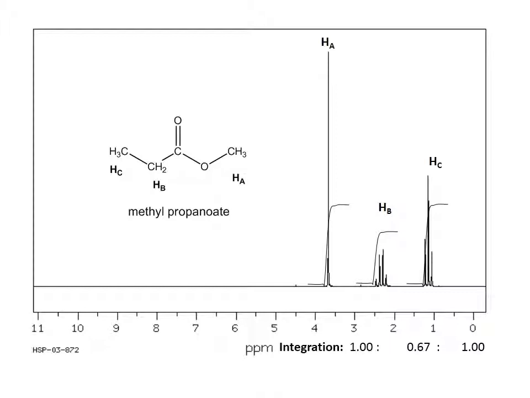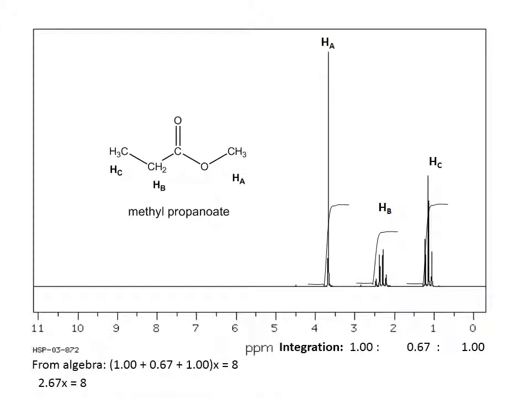So what we have to do is use a little algebra. From algebra, we know that we can take the 1, the 0.67, and the 1 and add them up, multiply them times x, and set that equal to the number of protons, which in this case is a total of 8. If we solve for x, we'll be able to get a multiplication factor, which will allow us to convert the original integration values, those integrals, into whole numbers of protons after we round.